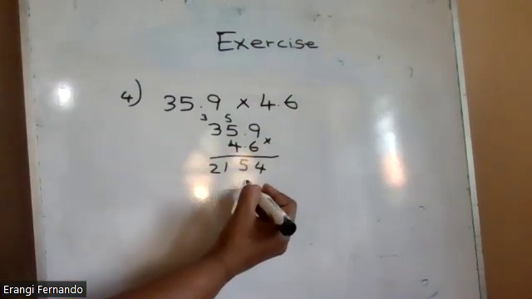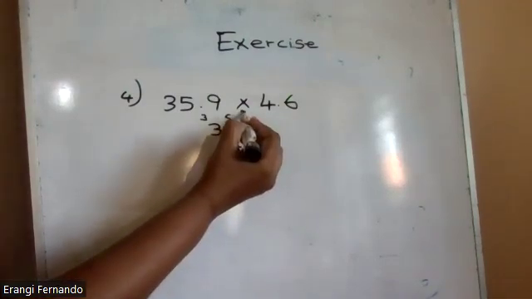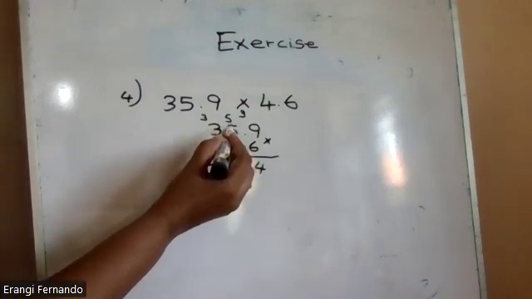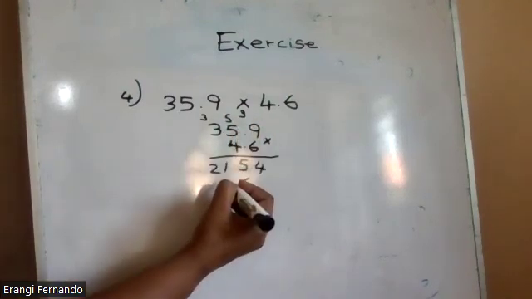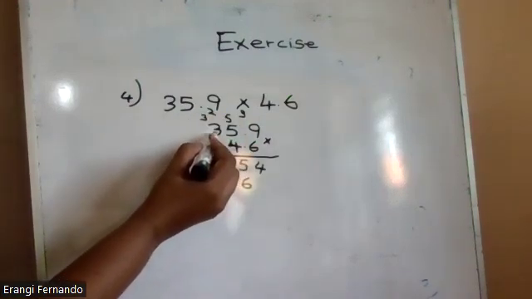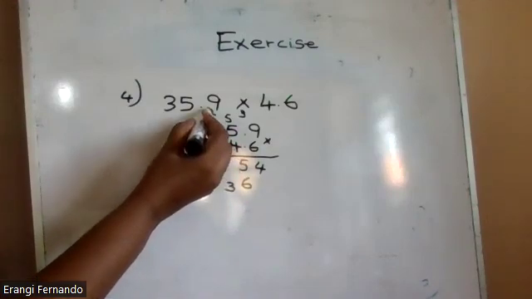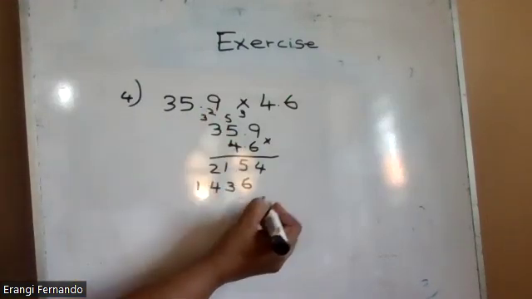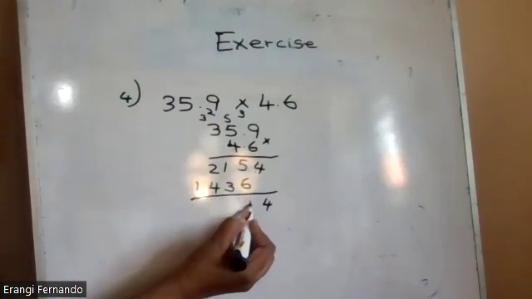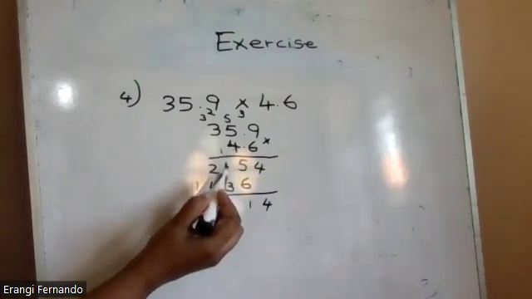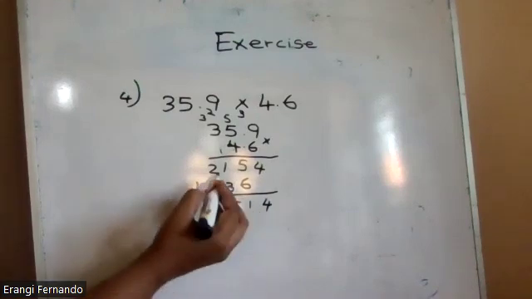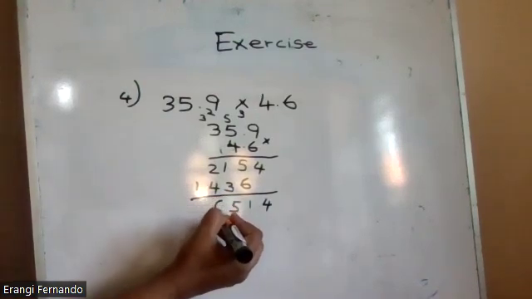4 times 9, 36. 3 remains. 4 times 5, 20. 20 plus 3, 23. 2 remain. 4 times 3, 12. 12 plus 2, 14. So let's add. 4, 5 plus 6, 11. 1 remains. 1 plus 1, 2. 2 plus 3, 5. 2 plus 4, 6.